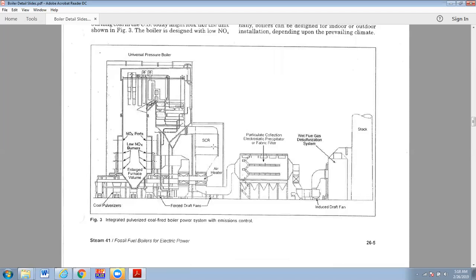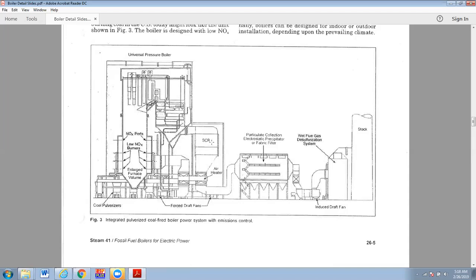But as we exit the furnace, we go through the SCR, and actually we go through the SCR before the air heater. We've not shown that before. So we come out, go through the SCR, then go through the air heater, because this needs to be done at fairly high temperature. I think it's 500 to 700 degrees, something like that, maybe a little hotter.